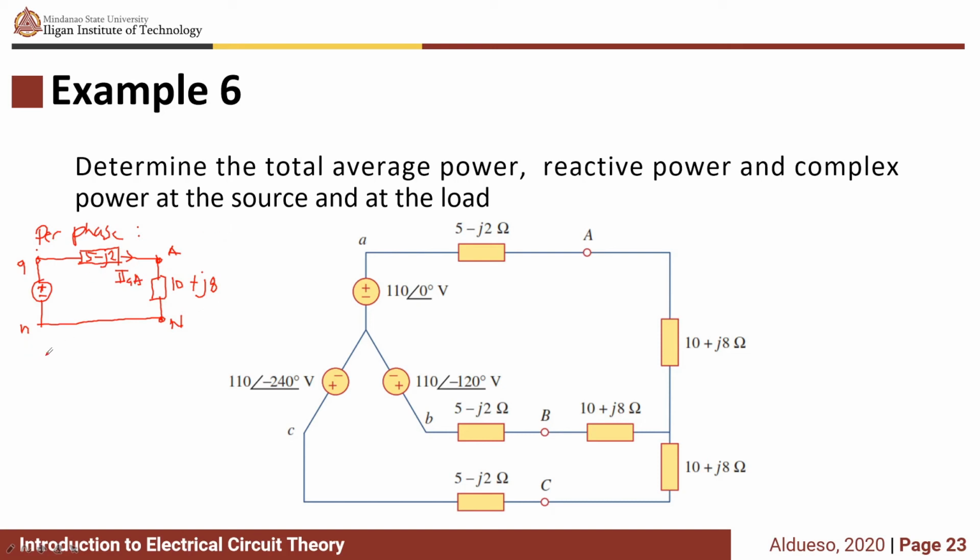So solving for IAA is equivalent to VAN over 5 minus J2 plus 10 plus J8, equivalent to 6.81 angle of negative 21.80 amperes.